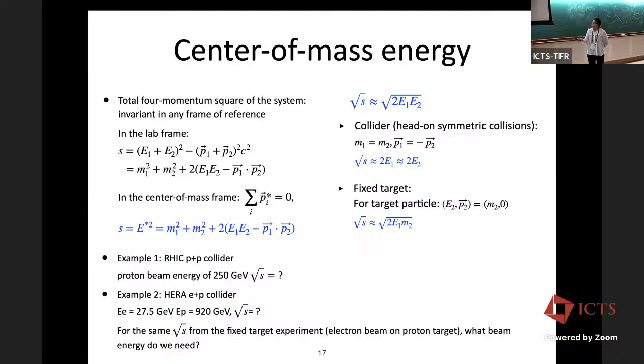Now, another question is, if you are designing an ep experiment with a fixed target setup, but you want to have the same center of mass energy as the HERA collider, what should your beam energy be, assuming an electron beam? To have a similar center of mass energy as the collider from a fixed target with an electron beam, how much electron beam energy do we need?